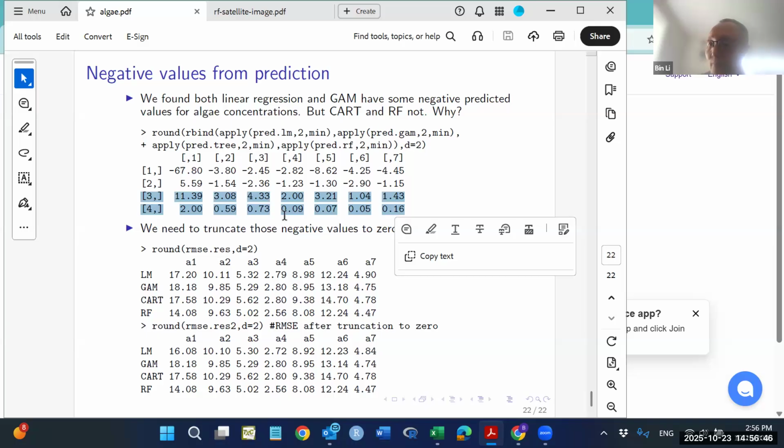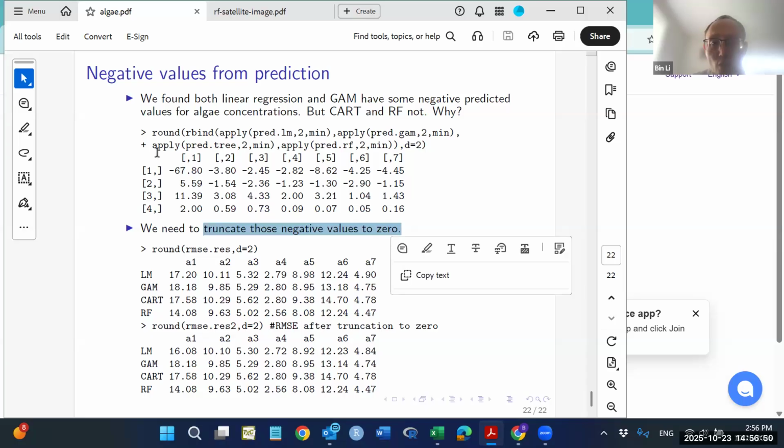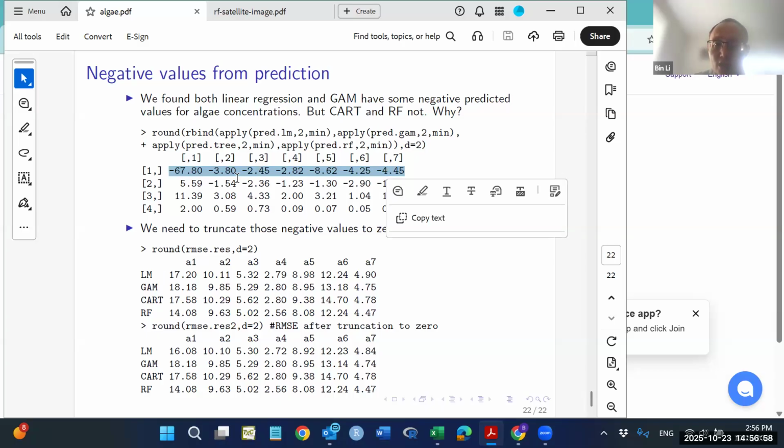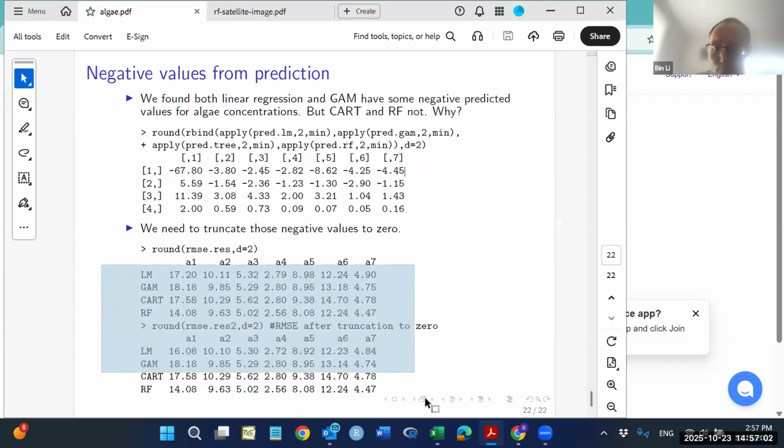So what we should do is truncate those negatives to zero, because predicting a negative number is totally meaningless. We should avoid that. If I change these negative numbers to zero, look, I actually improve the results in the RMSE and the MAE.